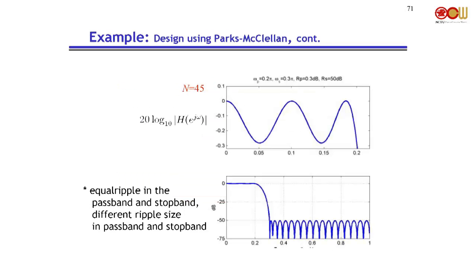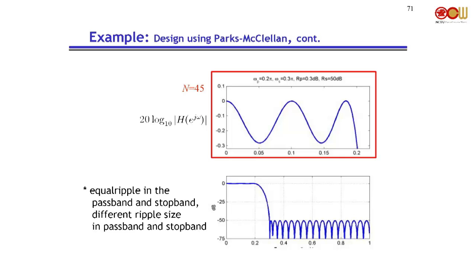I think maybe we can just look at one example. This is the same specification that we have earlier. Like in the Kaiser Window example, we have a passband edge 0.2 pi and stopband edge 0.3 pi, passband ripple size 0.3 dB, and stopband attenuation 50 dB.